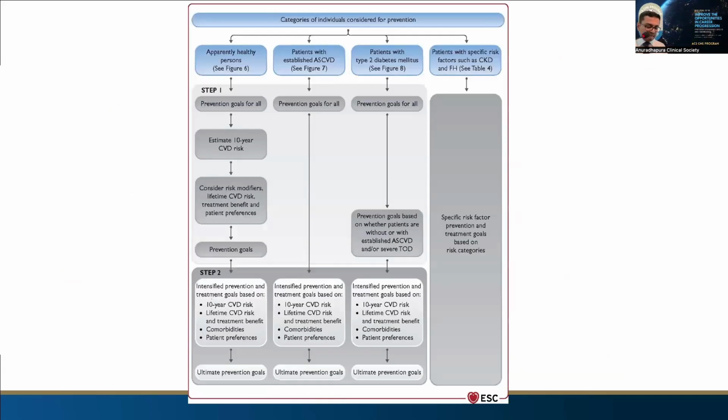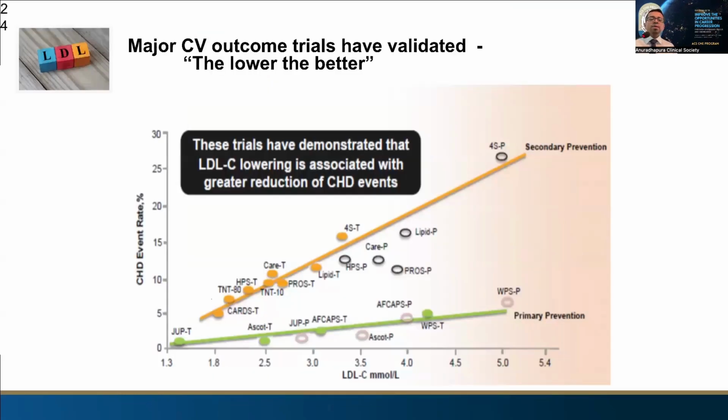So again, after this risk assessment, you can put all your patients into these 4 areas depending on the risk. As a result, you can manage easily, or you can do the cholesterol lowering depending on their risk assessment.